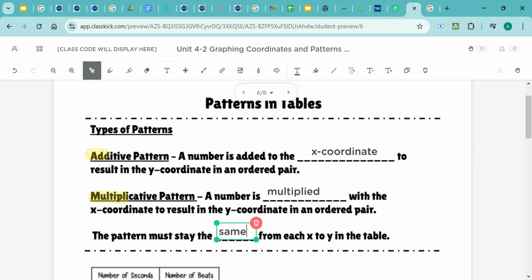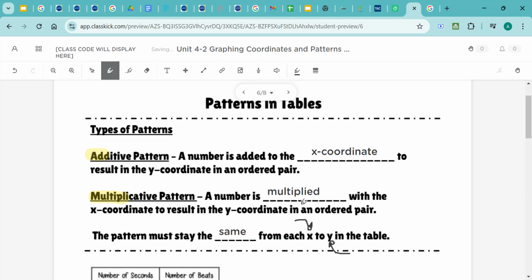This is very similar to something you may have done in fourth grade called an input-output table. We're going to input a number. We're going to apply a rule to it, either an addition rule, that's an additive pattern, or a multiplicative rule, that's a multiplication pattern. And then we're going to get an output. The x is your input. So let's make a little note of that.